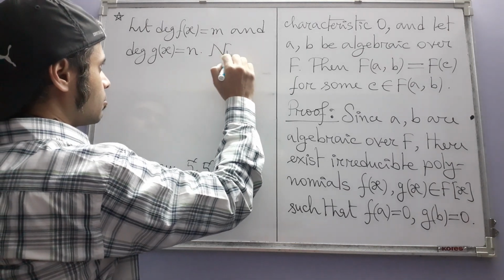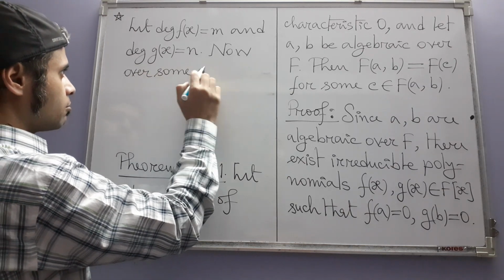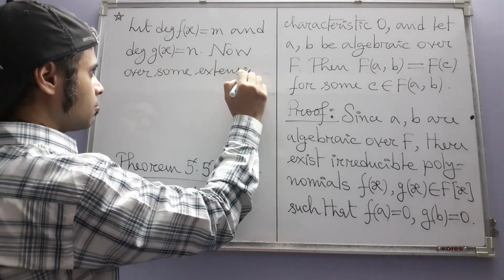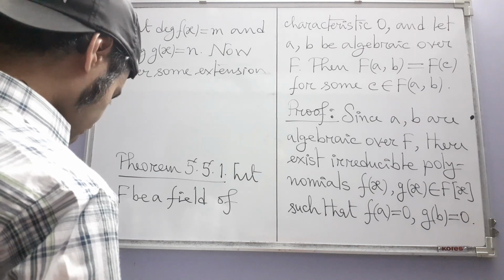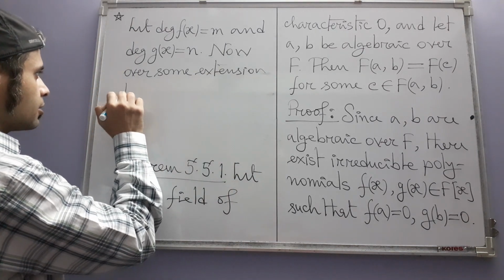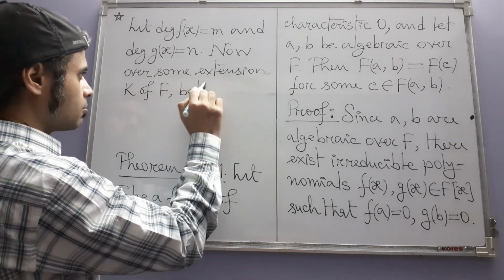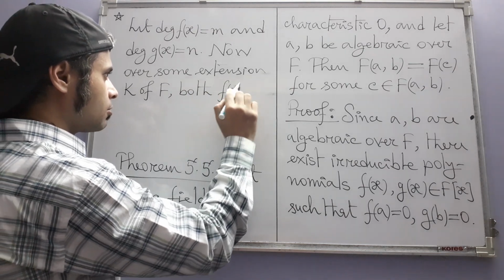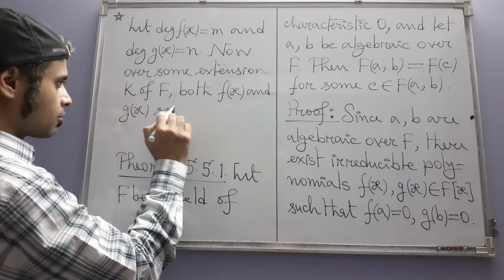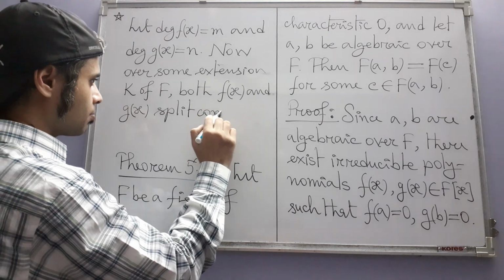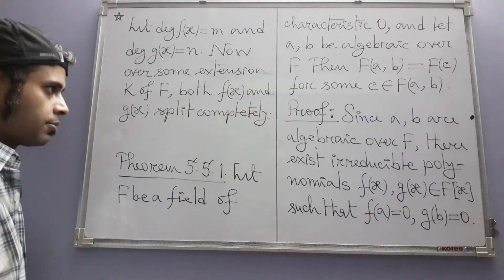Now, over some extension K of F, both f(x) and g(x) split completely. Why?